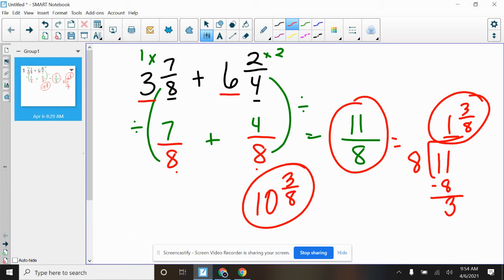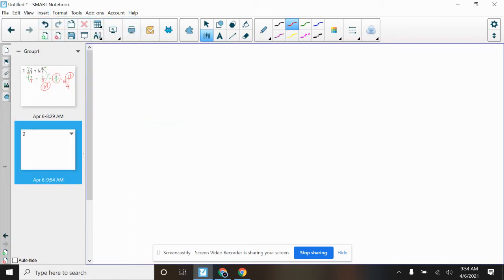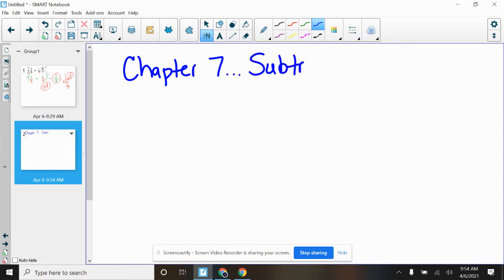Okay, so directly underneath this stuff that you are currently working on, just kind of maybe draw a little squiggly line. And let's title this thing today. This is chapter 7. Subtracting fractions and mixed numbers.